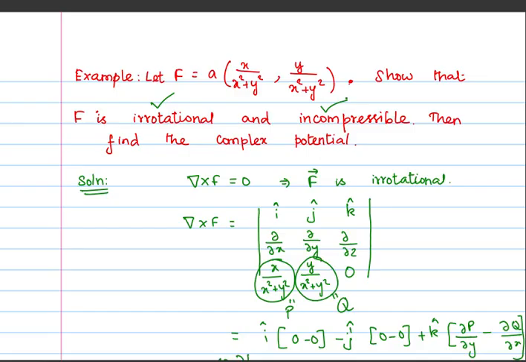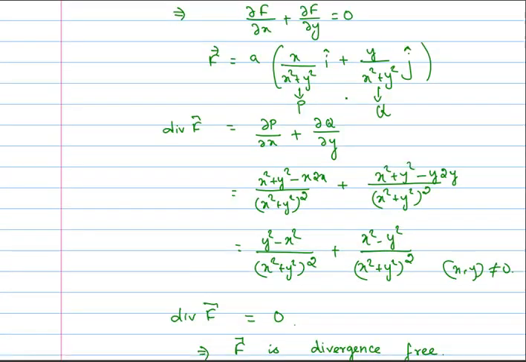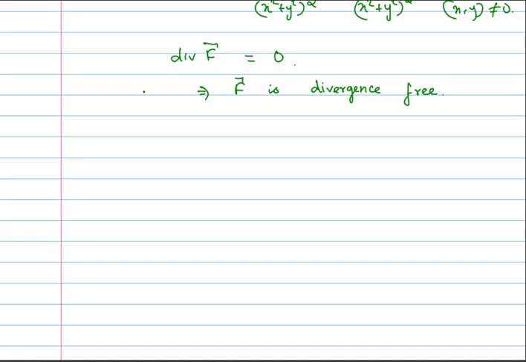Now I want to find the complex potential. What is the complex potential? I know that the function F is conservative, so I can write F vector equal to the gradient of phi.